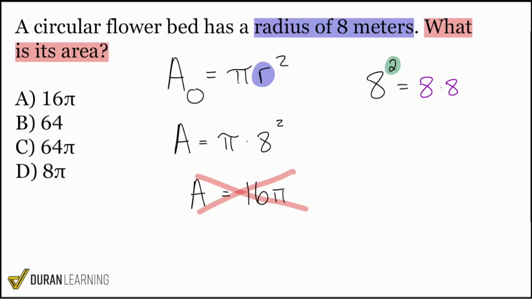My party people, what is 8 times 8? 64. That's correct. And that's why pi times 8 squared is going to turn into 64 pi. Because 8 times 8 is 64. So that makes pi r squared 64 pi, making C the correct answer.